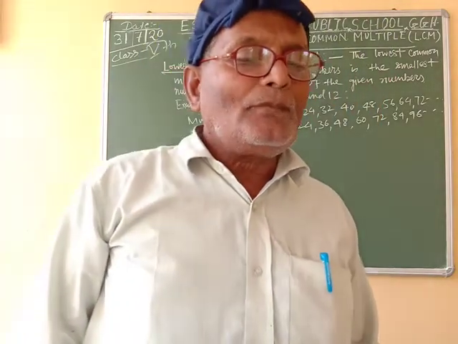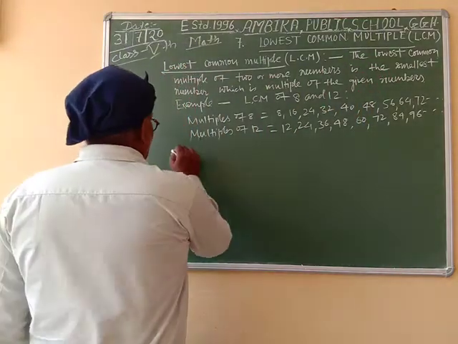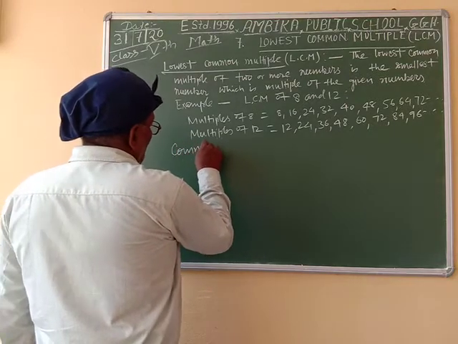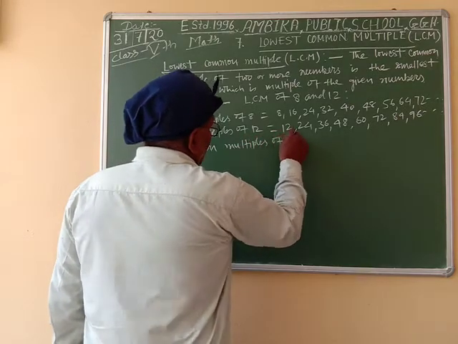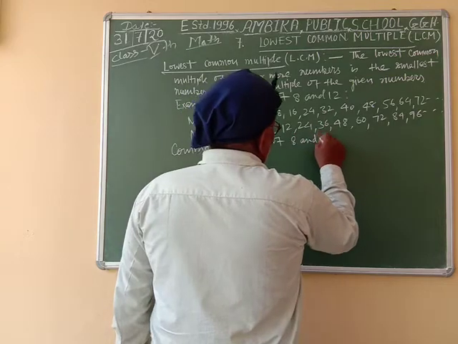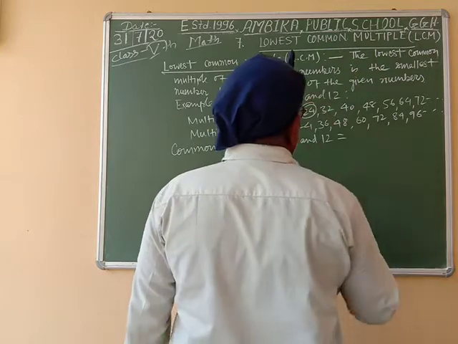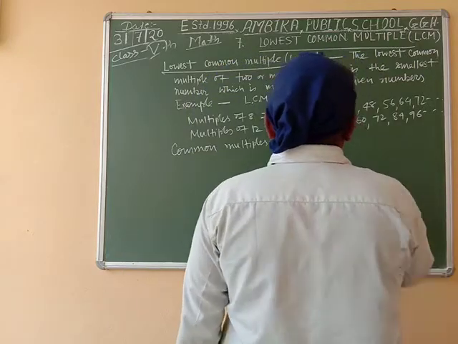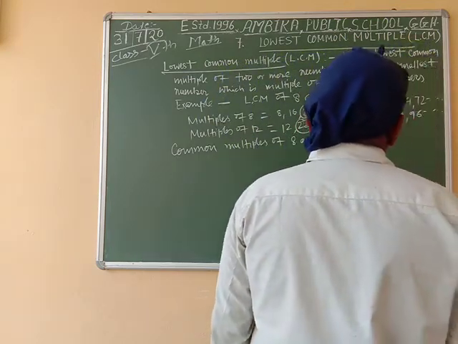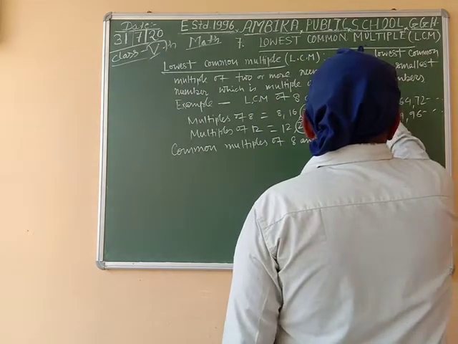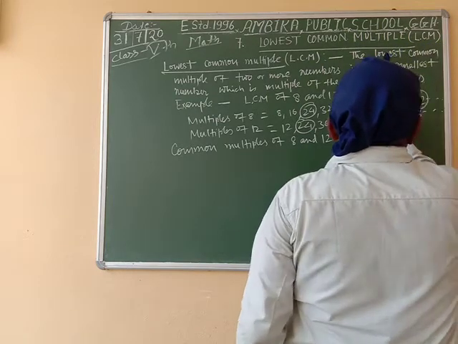Now we get the common multiples of 8 and 12, which are 24, 48, 72.